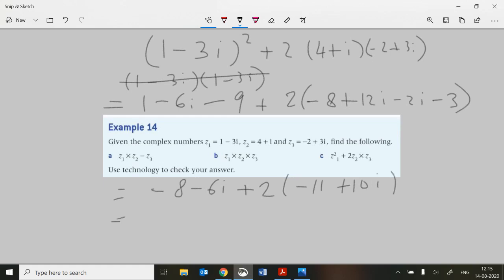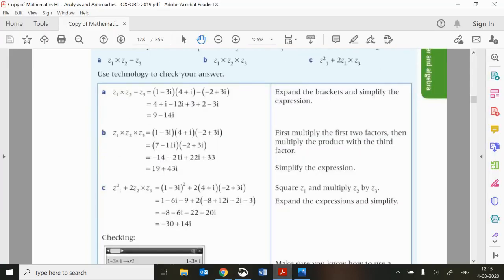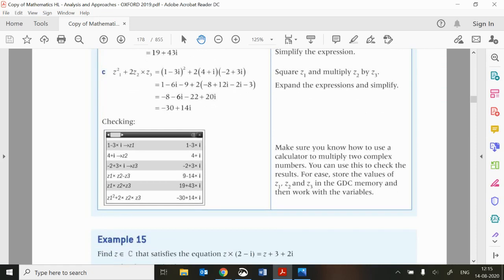And then again, we've got 8 minus 6i, and then minus 22, and plus 20i. So finally, we're getting plus 14i and minus 30 here. So let's just check that one, minus 30 and plus 14i. And they're saying check this on your calculator as well.